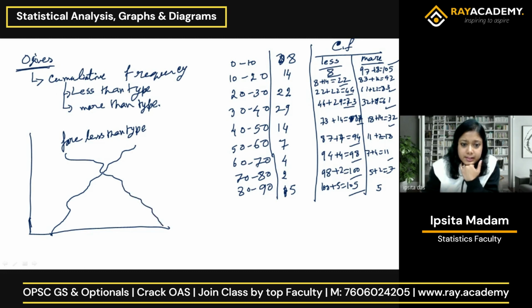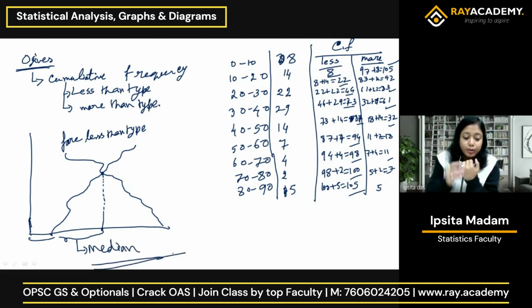This point is a very, very important point, because if you draw a perpendicular on the x-axis from this point, this length of the x-axis, between the perpendicular point and the origin, is called the median of the data. Clearly understood, all of you?